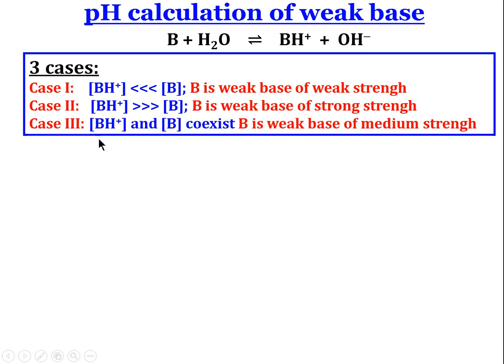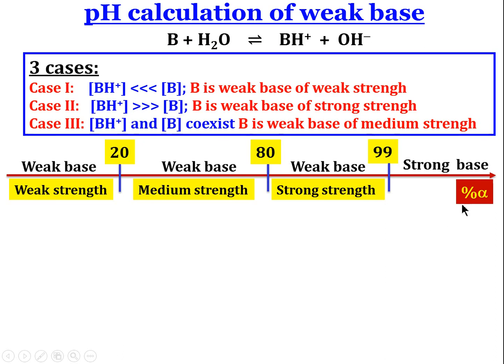And in the third case, where BH plus and B coexist, B is a weak base of medium strength. The strength of the base can be deduced from the degree of conversion alpha of this dissociation, the degree of dissociation or the degree of conversion of the base B.